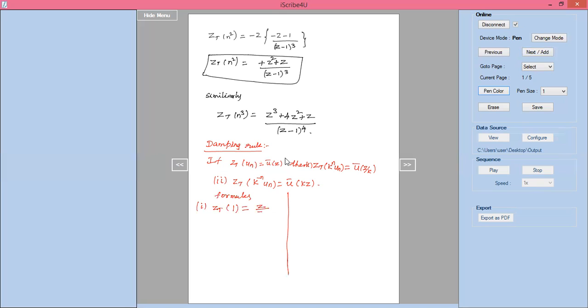You should have these all by heart. Next, the Z transform of n equals Z by Z minus 1 whole square.